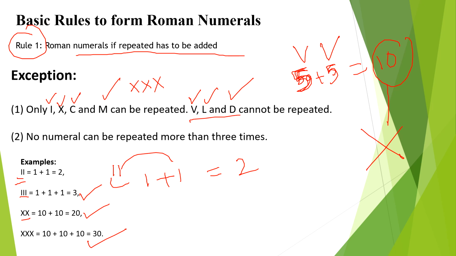Therefore, you cannot repeat V. You cannot repeat L. L is 50. So if you write LL, thinking that if you add 50 plus 50, it will become 100, that's a wrong answer because 100 already has a symbol in C. So we cannot repeat these three letters.